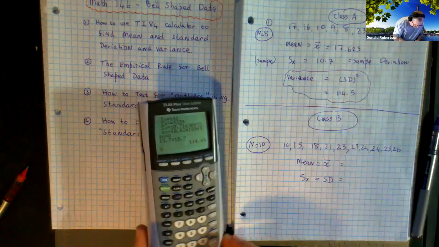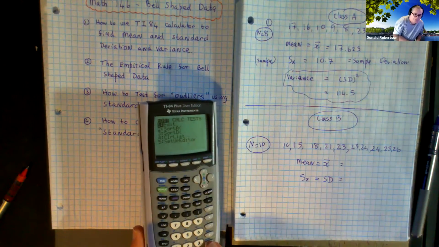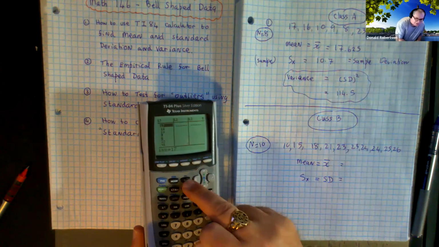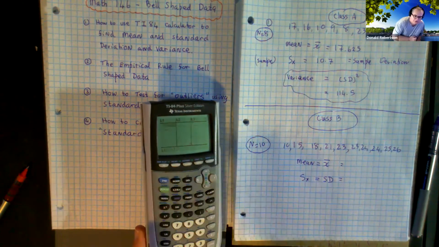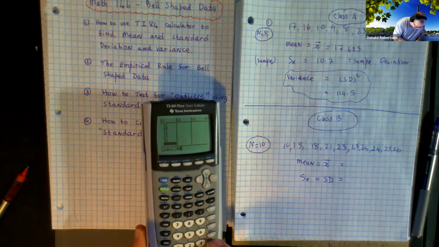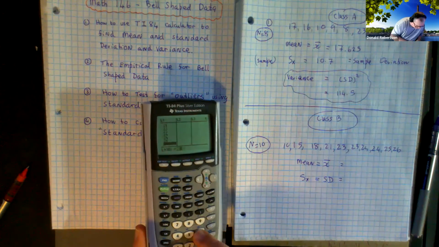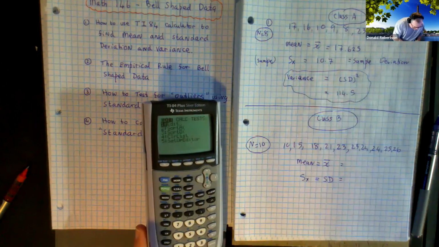So here it goes. Same buttons. Hit start. Number 1, edit. Hit delete till the old data's gone. Type in the new data: 10, 15, 18, 21, 23, another 23, 24, another 24, 25, and 26. That was it. Then hit start a second time.